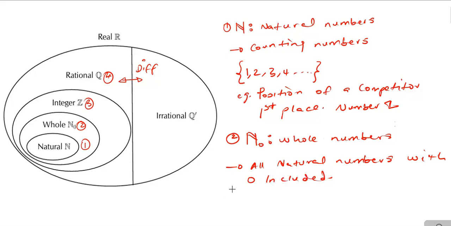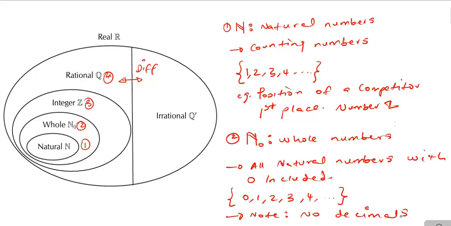That means when we think about them, we now start counting from 0, 1, 2, 3, 4, and so on. And we must take note that since these are whole numbers, they do not include decimals. We should be able to use them to count whole things.